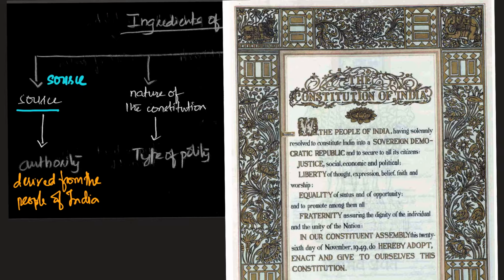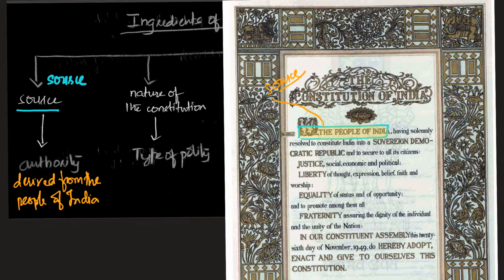The authority of the Indian constitution is derived from none other than the people of India, and that is why the first sentence in the constitution says, we, the people of India. So we, the people of India denotes the source of the Indian constitution.